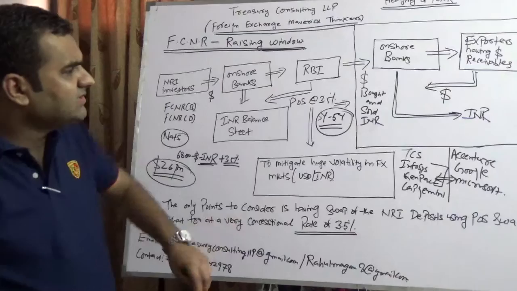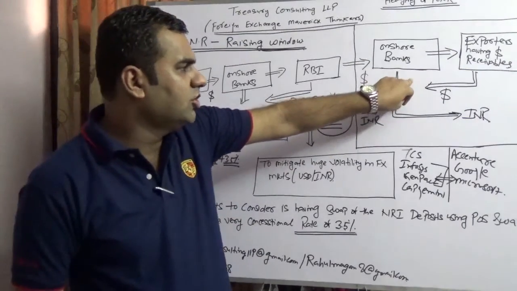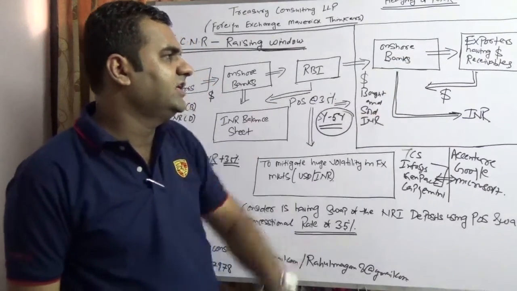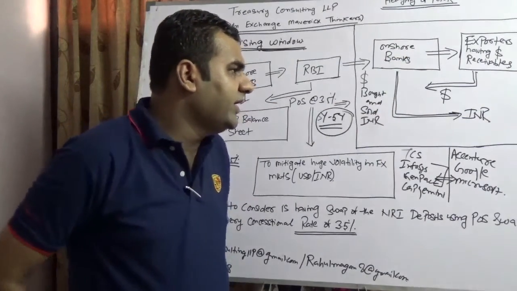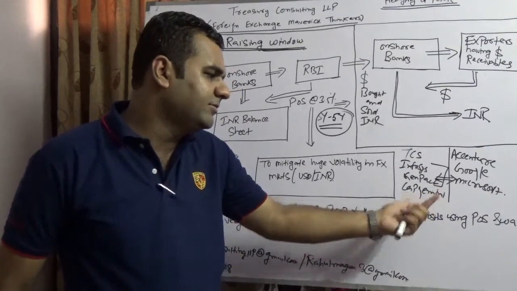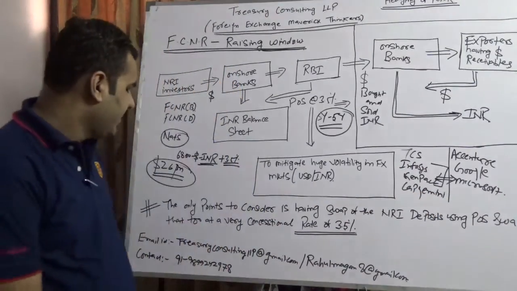Now what RBI does, RBI has bought dollars from onshore banks, because of course if you have raised something you need to pay for that. An onshore bank raised this from the exporter, and exporters are, as we have taken in a dummy example, TCS, Infosys, Genpact, Capgemini and so on.